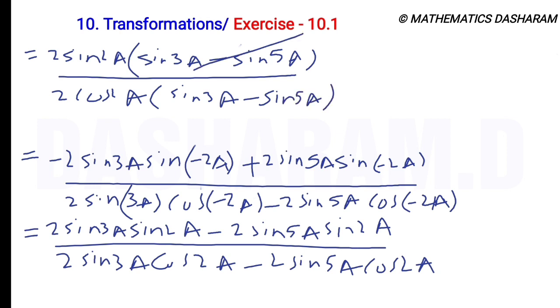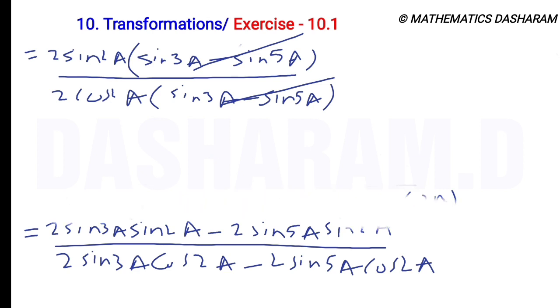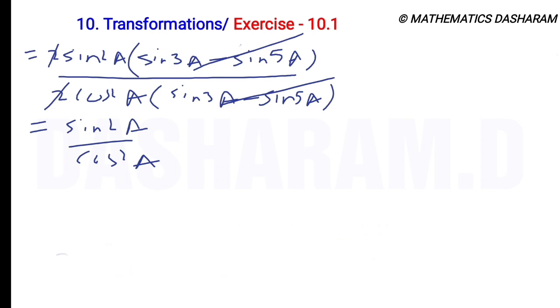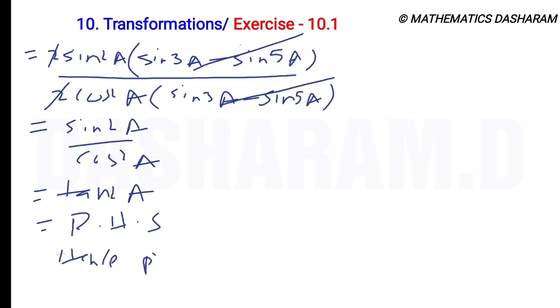So now numerator and denominator both are cancelled. Then it is equal to, here 2 cancels, so sin 2a divided by cos 2a, sin by cos is equal to tan 2a. So it is equal to RHS, so hence true.